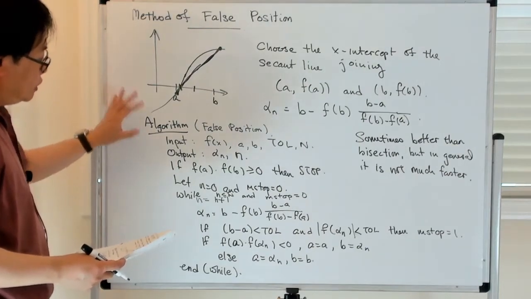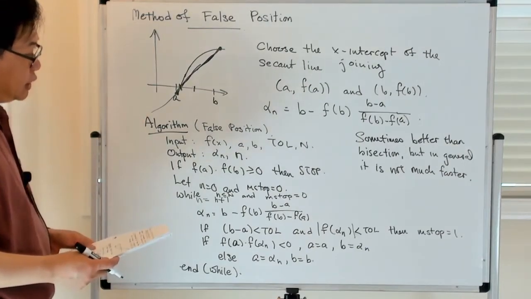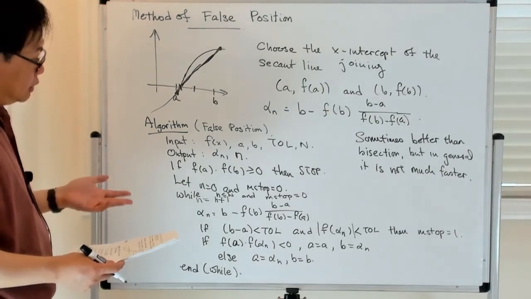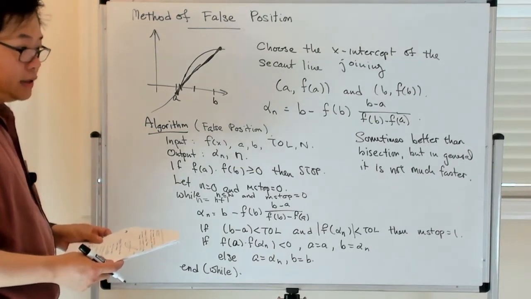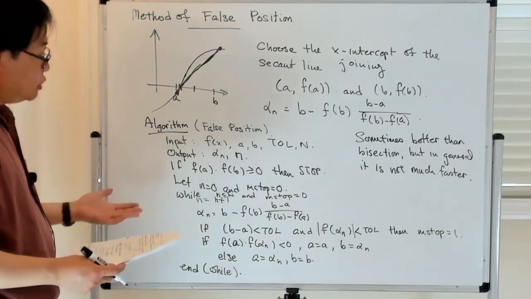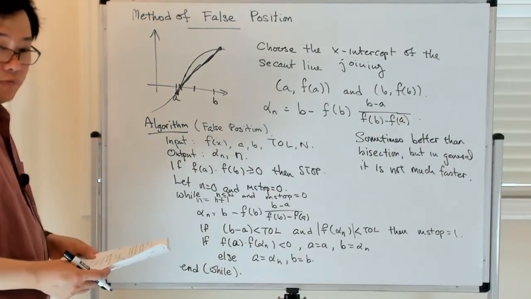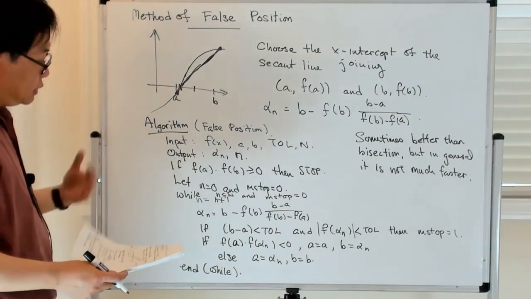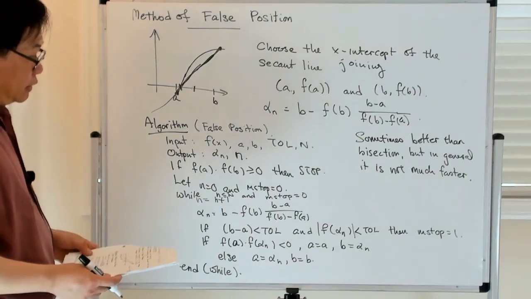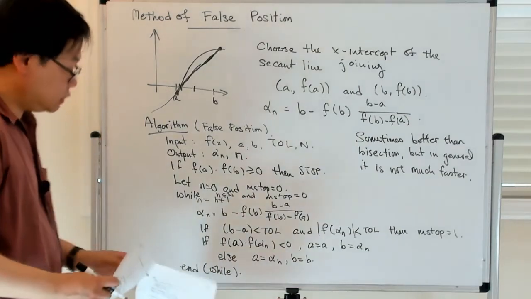Anyhow, those are methods which have certain nice convergence properties. But the next thing we're going to do is talk about methods which are faster than this linear rate of convergence. All right, so let me just stop here for now.